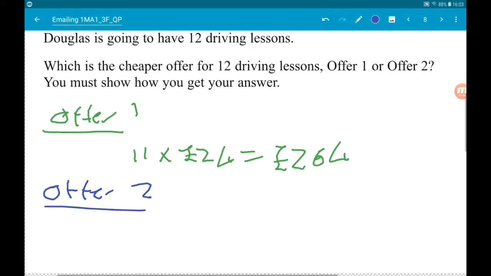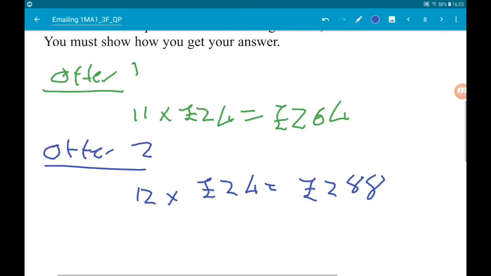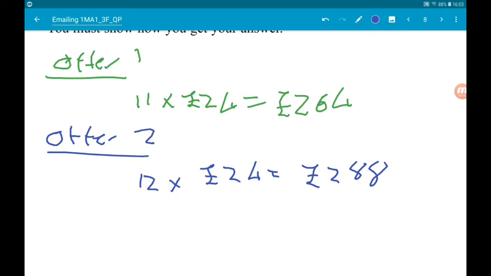So normally then 12 lessons would be 12 times 24, which would be £288. Now we need to take 5% off of that, so lots of ways you can do this. You could find 5% of it and then subtract it.